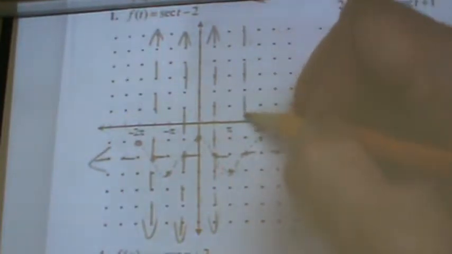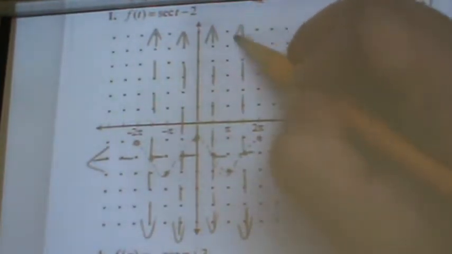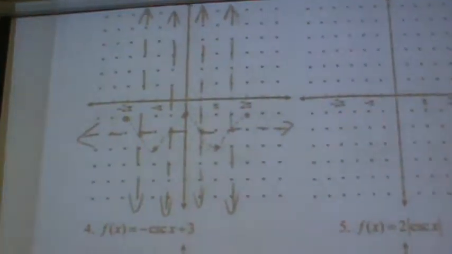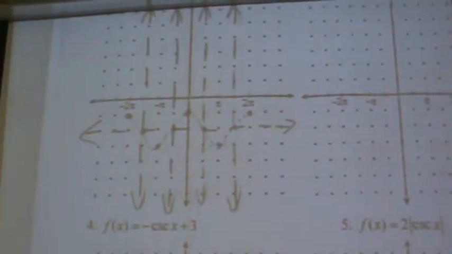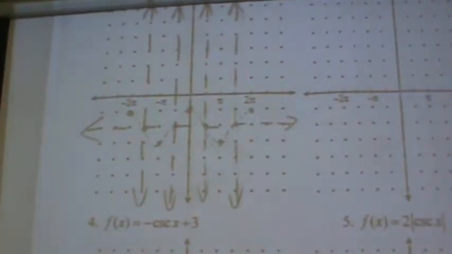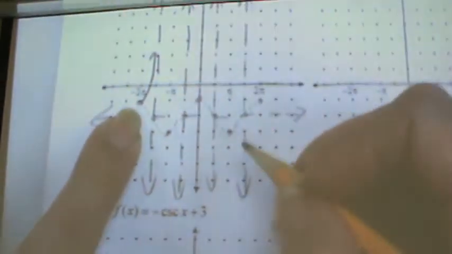So at pi over 2, 3 pi over 2, you should have an asymptote. And now, my answer, see these highs and lows? These are going to make little parabolas.